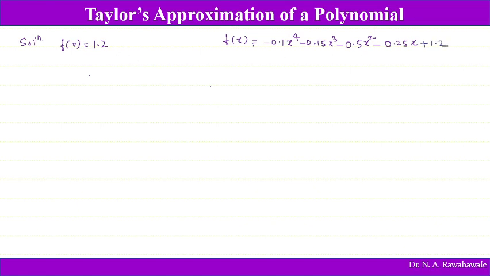If you substitute x is equal to 0, everywhere if you substitute 0, these first 4 terms become 0 and the function value will be 1.2.